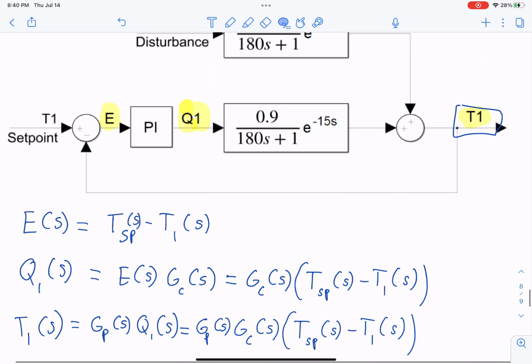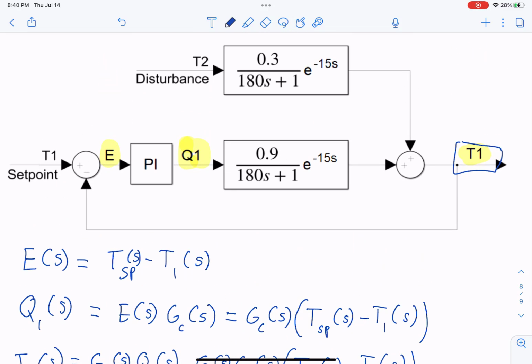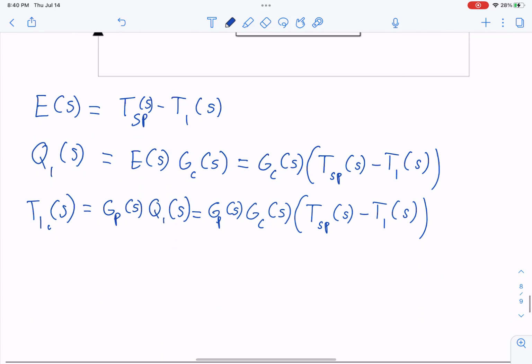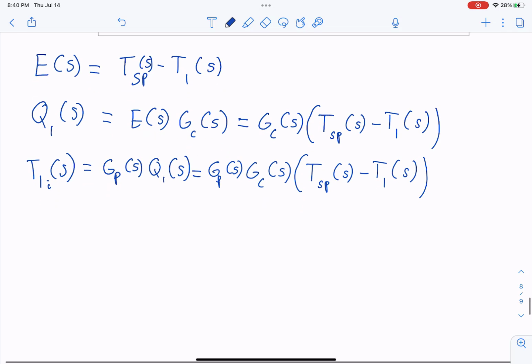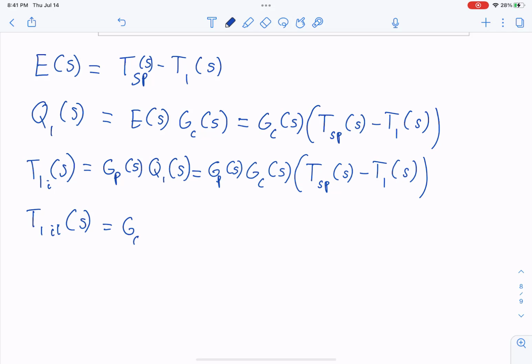So this is T1 I, and this is T1 I. So T1 I is equal to that. T1 I is equal to the gain of the disturbance(s) times the disturbance.